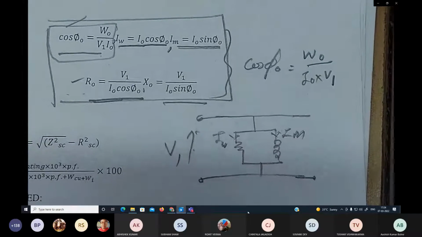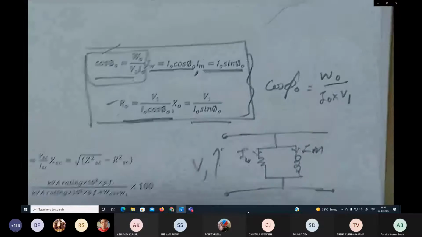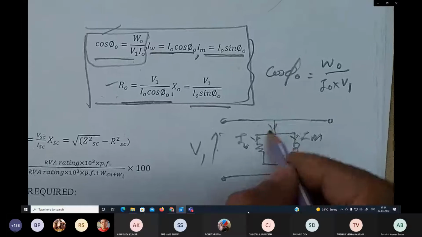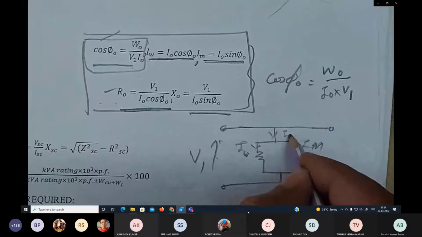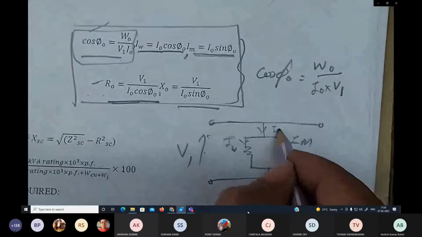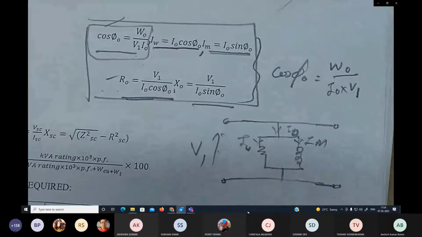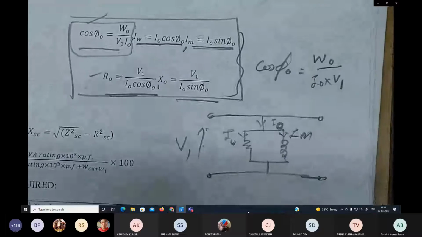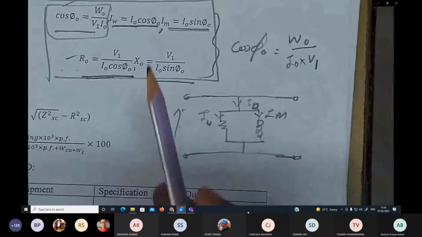V1 is the supply voltage. So this is the approximate equivalent circuit for the open circuit test. This is I1, or we can say I naught, the no load current. Okay, so that's about the open circuit test.